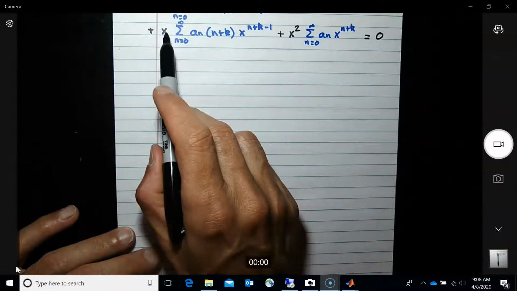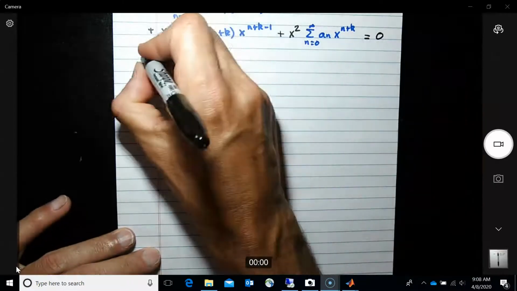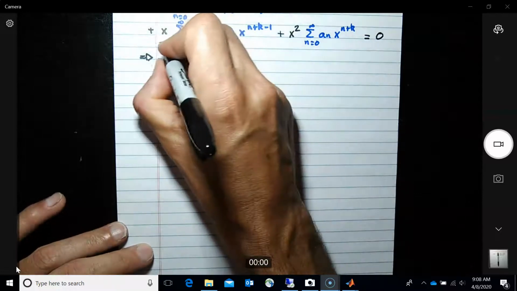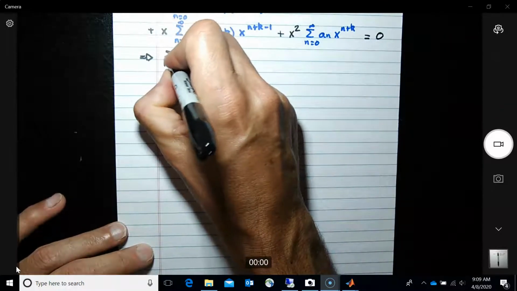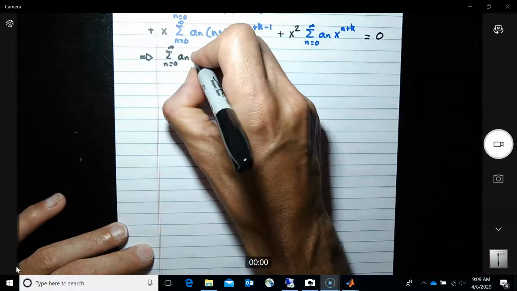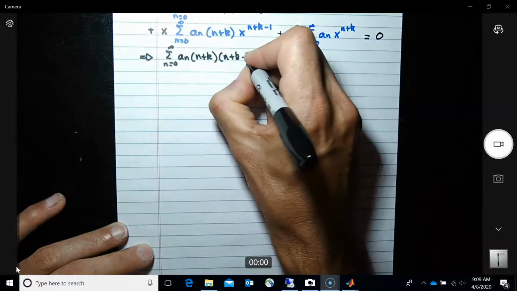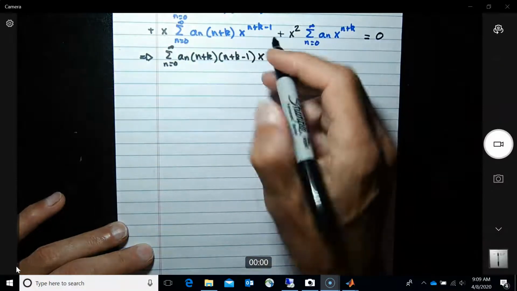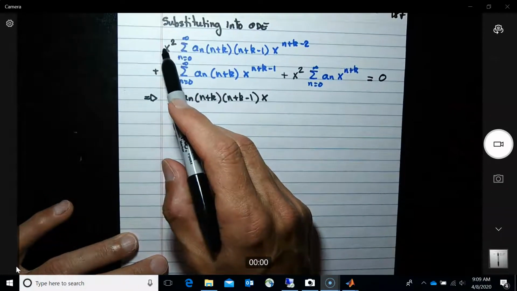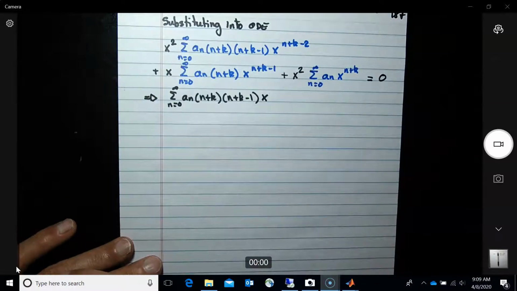Okay, so let's just develop this x squared here, this x and the x squared, and see what happens. So that means here we're going to have the summation n equal to 0 to infinity of a sub n times n plus k times n plus k minus 1 times x. You see, this x squared will cancel the x to the minus 2 over here.